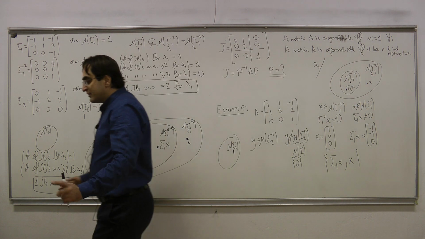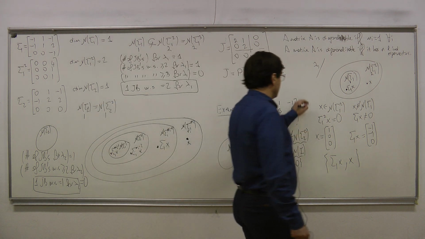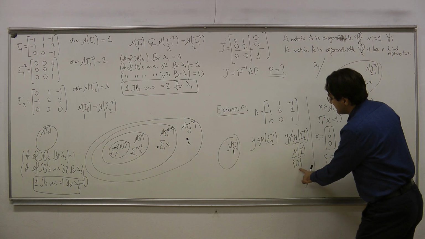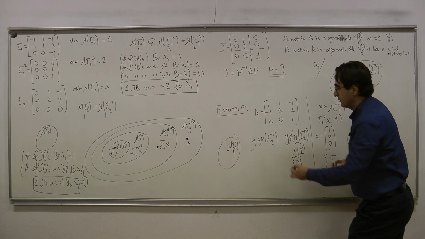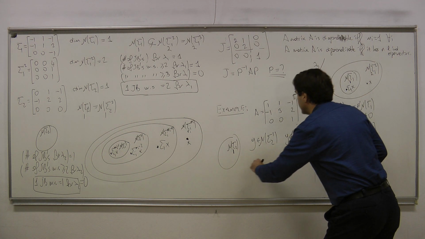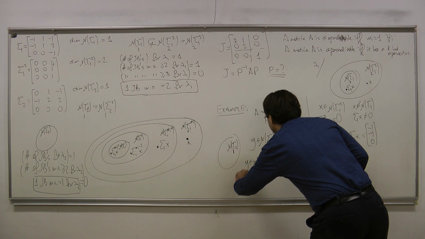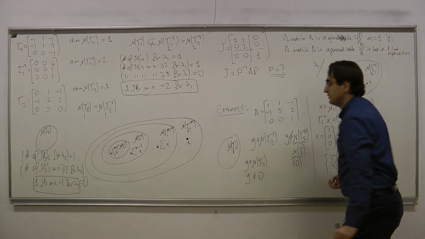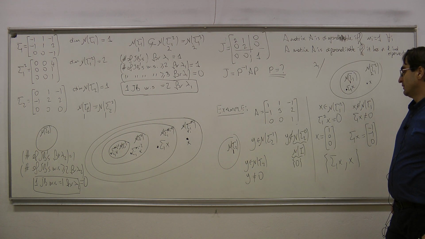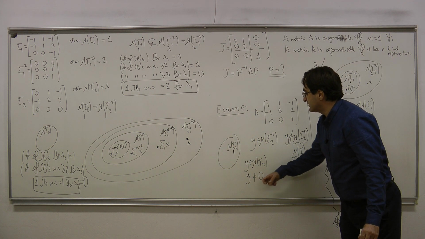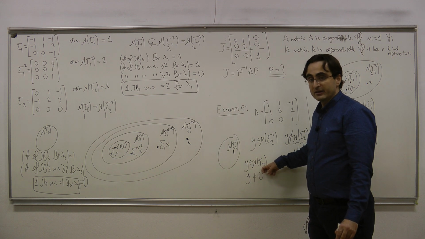So what do these two conditions tell you? If y is not going to be inside the 0 subspace, y should be non-zero. So the second condition is that we need to find y inside the null space of sigma 2, and y should be non-zero. So a non-zero vector inside this null space. This is my eigenspace.